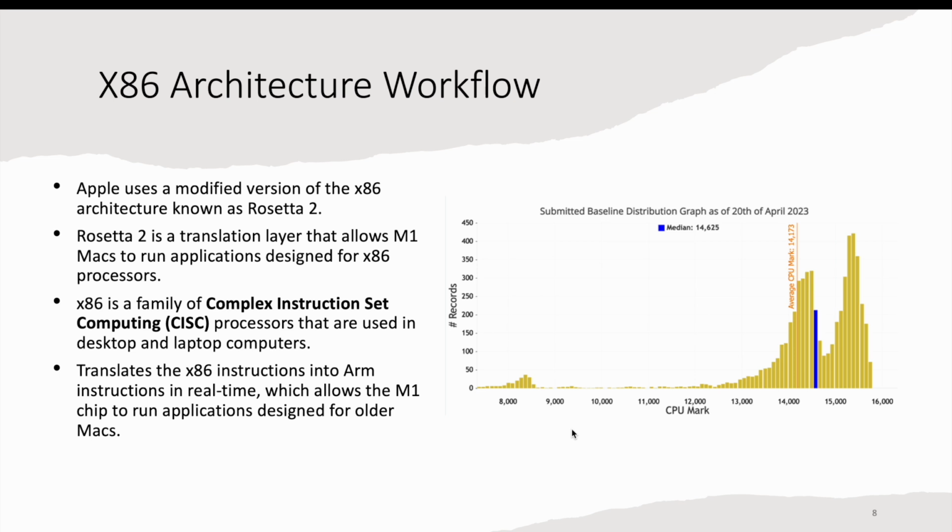And as I was previously mentioning, the ARM architecture is from a family of RISC processors, which is reduced instruction set, whereas x86 is a part of CISC, which is complex instruction set computing, and these processors are mostly used in high performance computing and desktops.